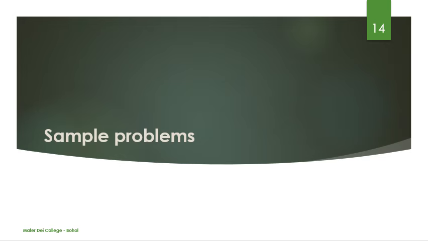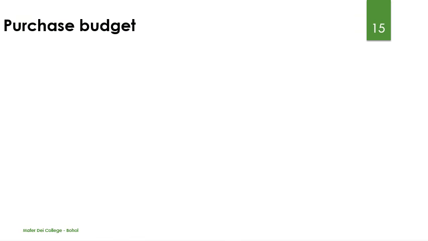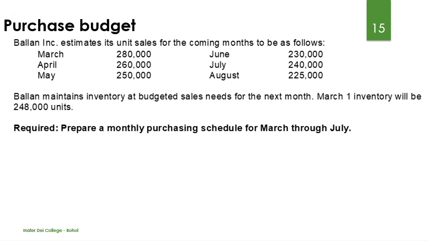Now let's move to the sample problems. Now let's try preparing the budgets. First, we have the purchase budget. We have here the given problem. Its requirement is a monthly purchasing schedule for March through July. Given here are the unit sales from March until August.